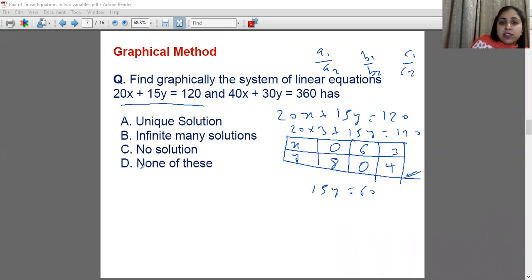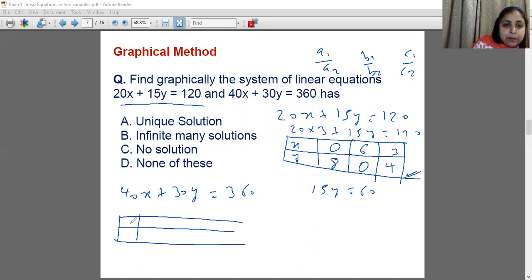For the second equation, 40x plus 30y is 360. Again, find the points x and y. If I put x as 0, then 30y is 360, which means y is 12.